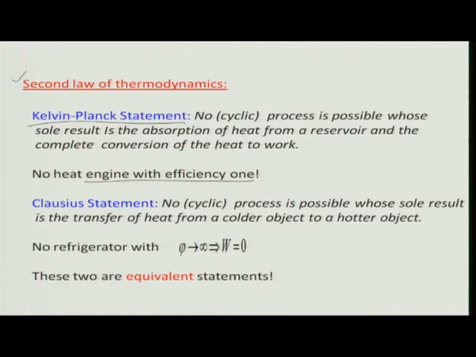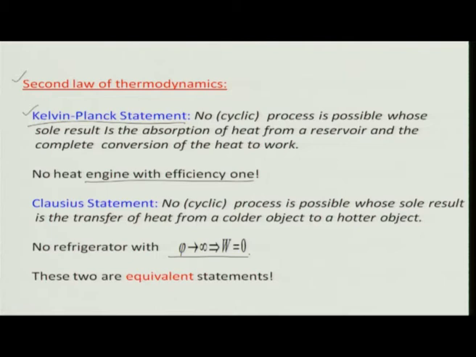Second is the Clausius statement, which is another version of the second law, equivalent to the Kelvin-Planck statement, but it refers to the refrigerator. It tells us that I cannot have a refrigerator whose coefficient of performance is infinity.